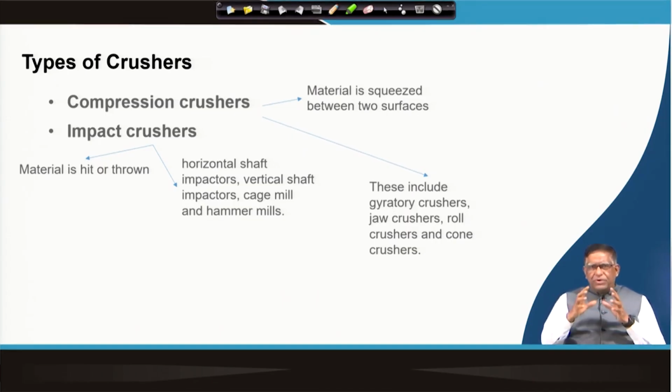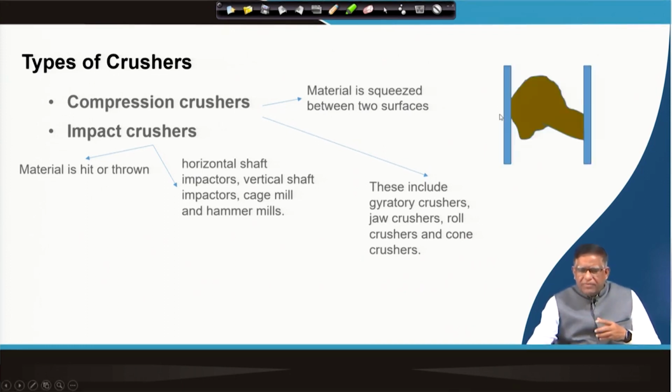When we think of secondary crushers, they can be of two types. One is the compression crusher, where the material is squeezed between two plates.